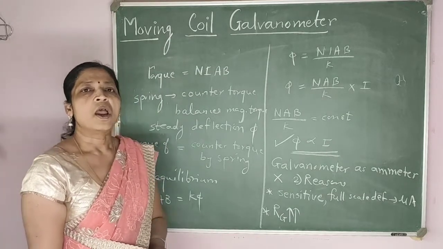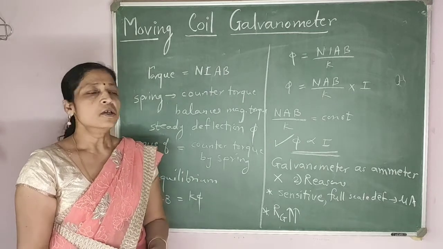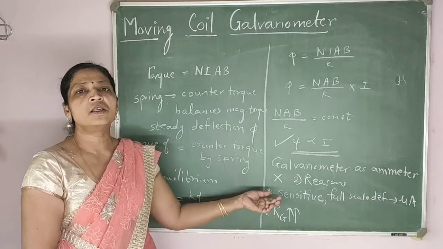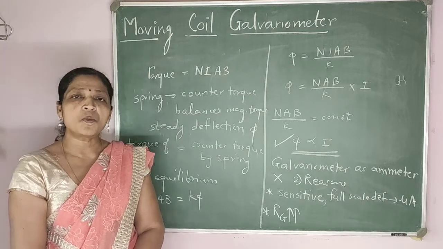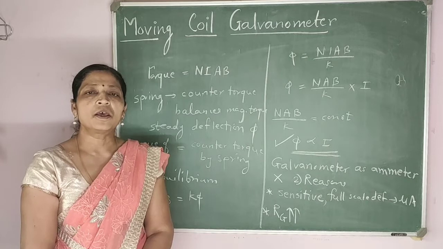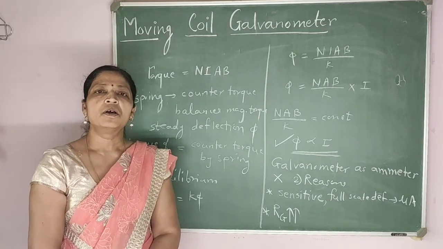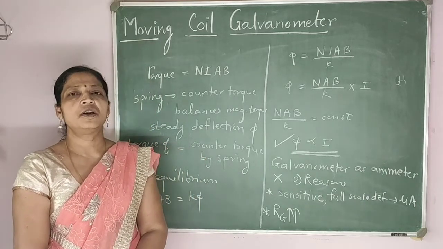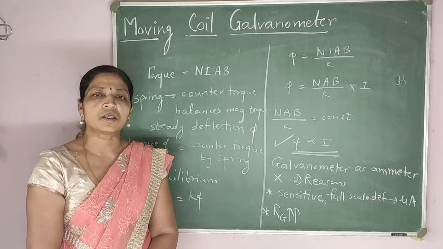As you know, an ammeter is always connected in series for current measurement. So when you put a galvanometer with very large resistance in series with the circuit, the amount of current flowing in the circuit will change, and the reading will not be the correct reading of the current. It will show a change in the reading other than the current flowing in the circuit.